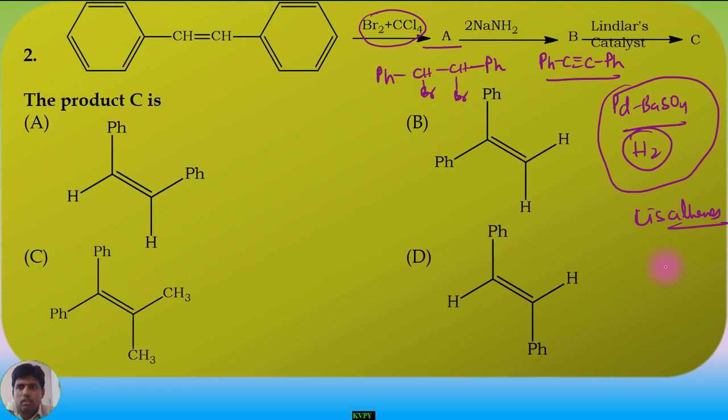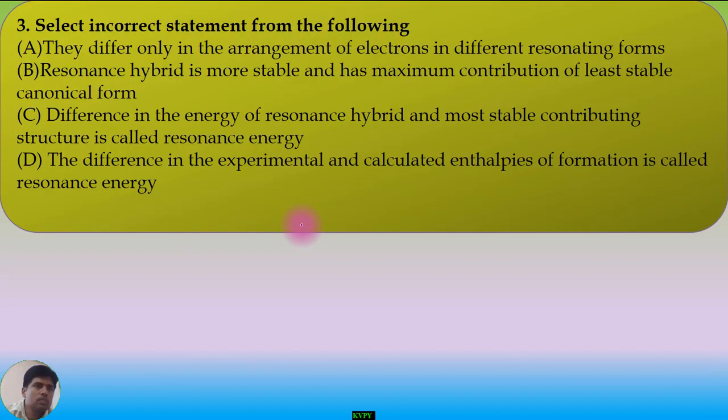So as a consequence, after Lindlar's catalyst, the product obtained will be PhCH double bond CHPh. So if you look at the options here, it is option A that can be the correct answer. So that is correct answer. Let us move on to the next one.